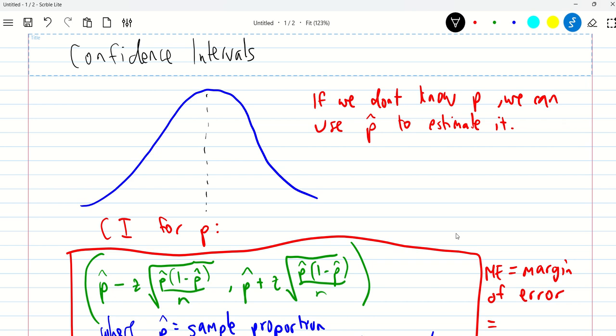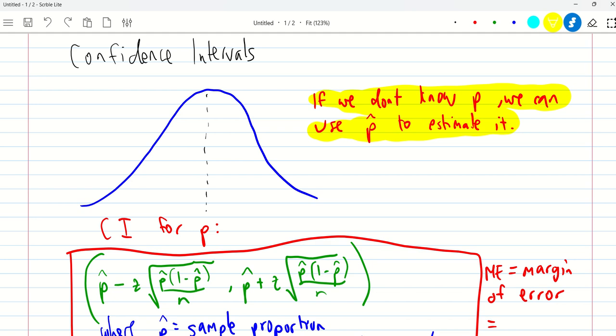So if we don't know what the population proportion P is, we use P hat. We take a sample and find the proportion from that sample, and we use that to estimate P, the population proportion. This is called a confidence interval.